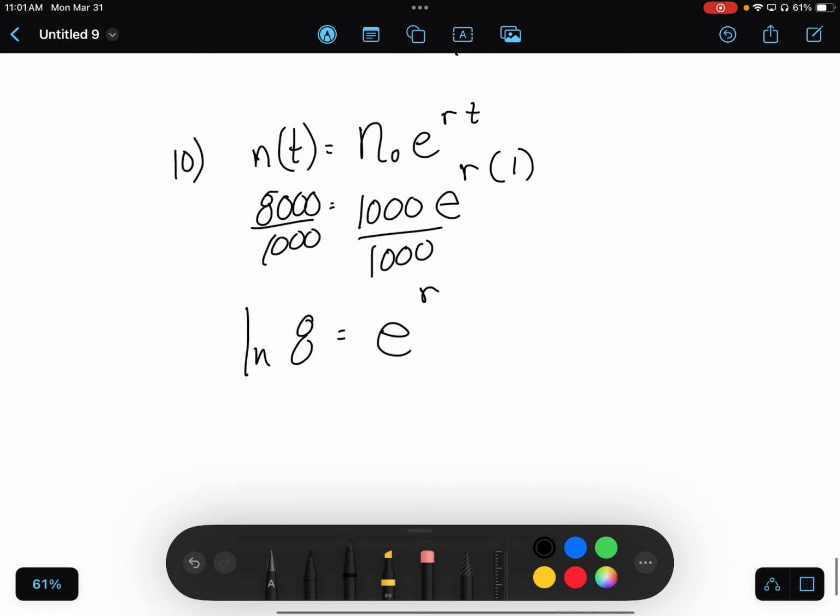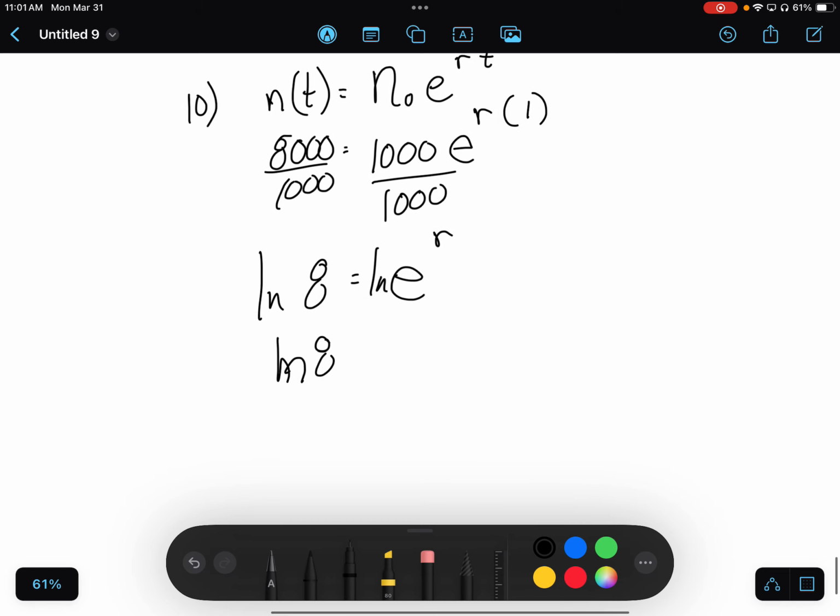And then you natural log both sides to get rid of the e. So the natural log of 8 is more exact. But the rate is 2.07944 if I go that far. That'd be my rate.